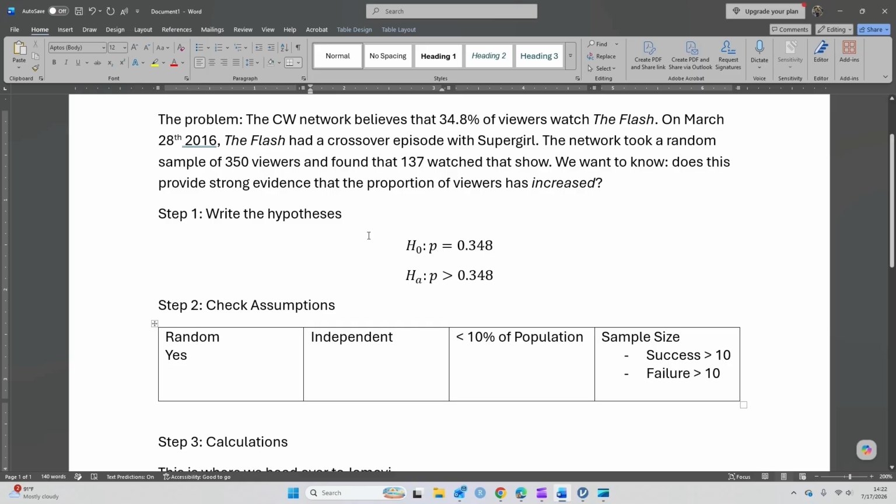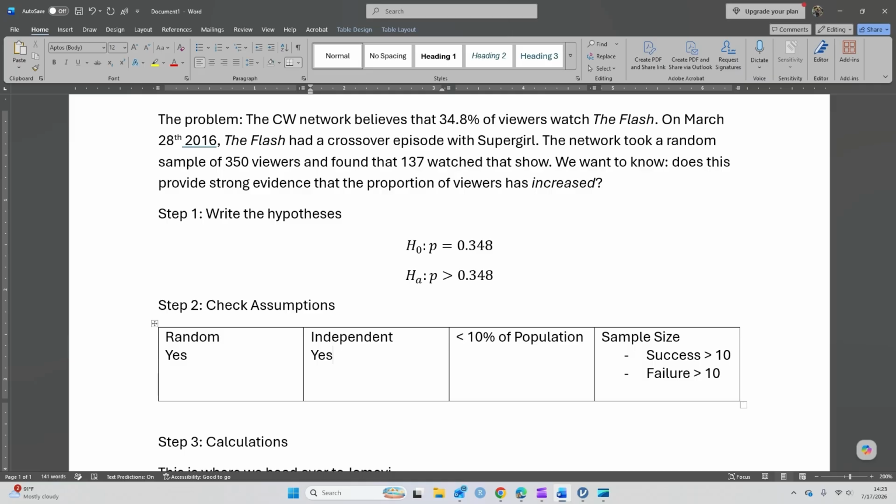Independent. Is it reasonable to assume that these 350 viewers, because they were selected at random, are going to be independent? There's not going to be some sort of inherent bias with the larger population. And because it's random, that's going to be yes.